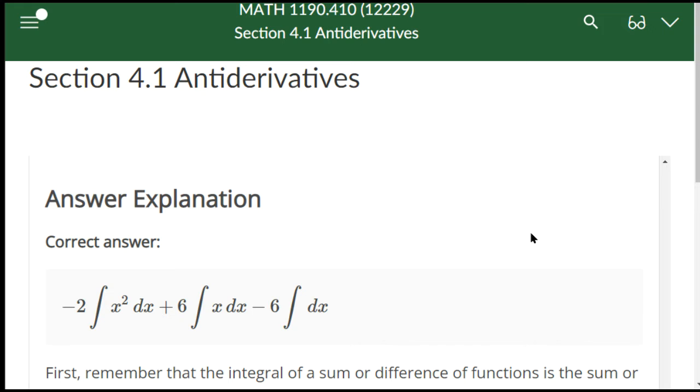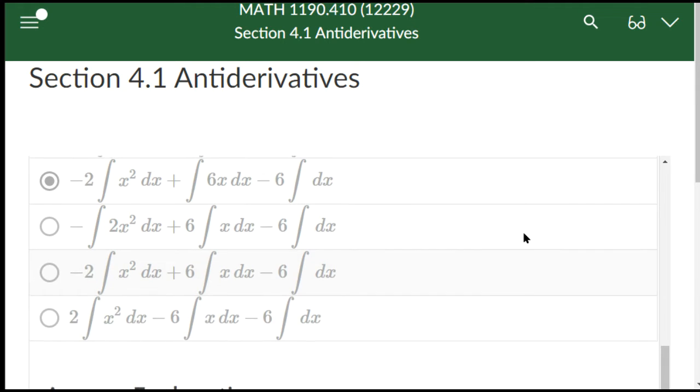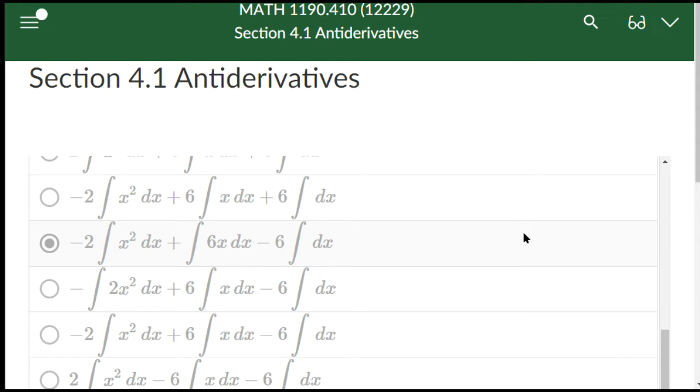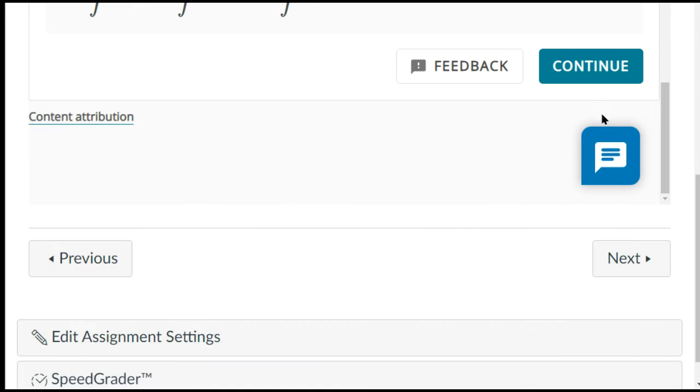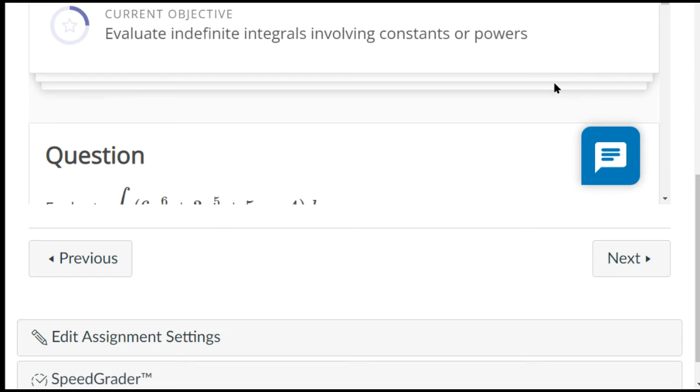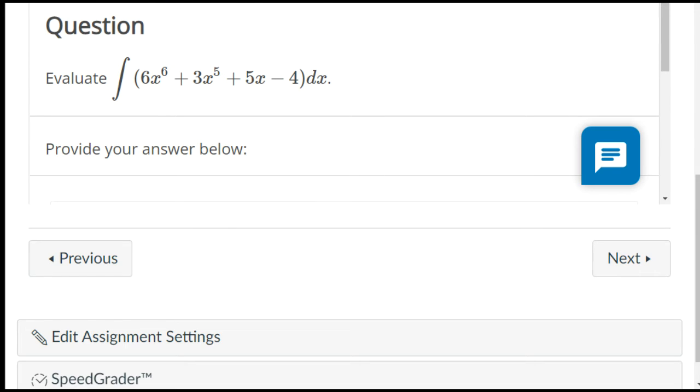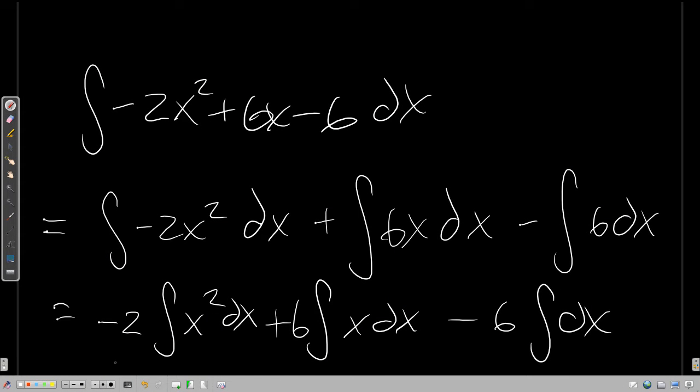That's what I had written down. Is that not what I clicked? Minus 2 integral x squared dx plus... Oh, this one doesn't have the 6 out front. How picky. Whatever. I wrote it down right, I just didn't pick the right answer choice. Okay. Lesson learned. I'm tired. It's probably one problem, but that's where my mistake was.